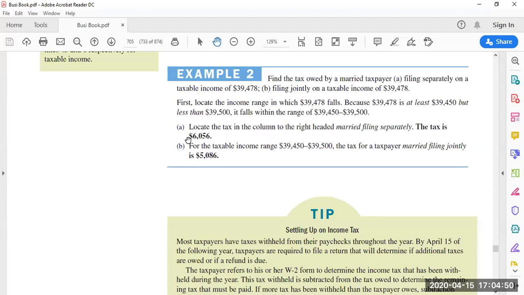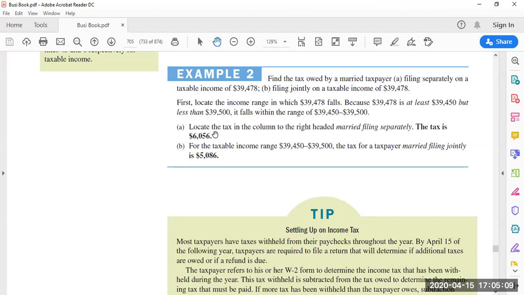So in your W-2 form, on the box that says federal income tax withheld, you want to make sure that this amount is compared with the amount that you got from the table.